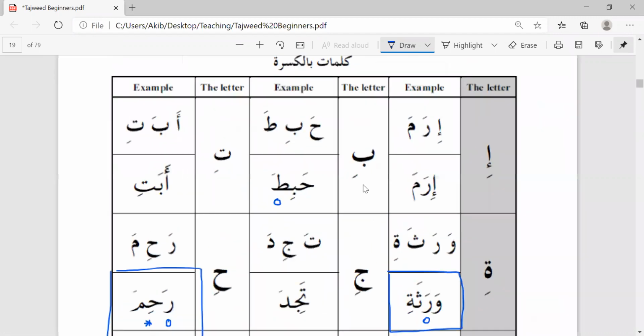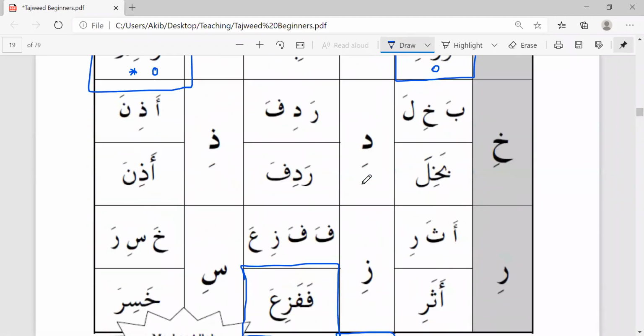A common mistake with the kasra is that instead of saying e, people might say a different sound. For example, lillahi ma fis, they might say it like that because they're reading quickly. So instead of saying lillahi ma fis samawat, they might say lillahi ma fis sama, like that.